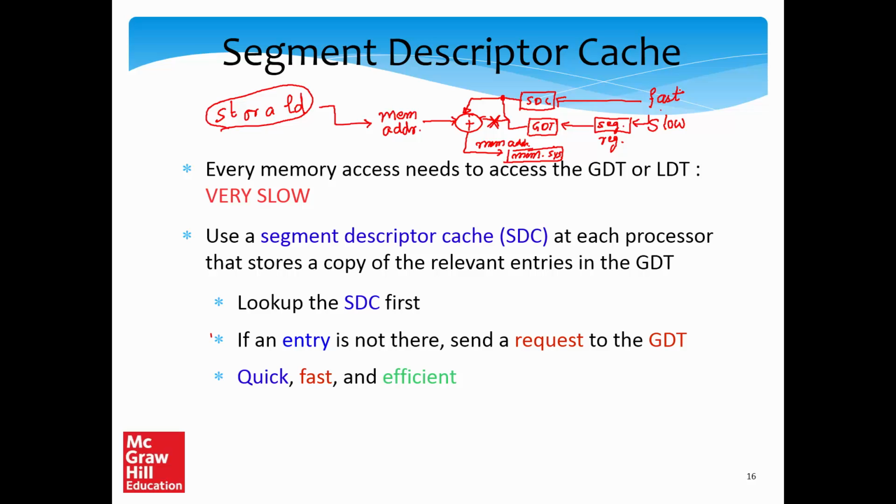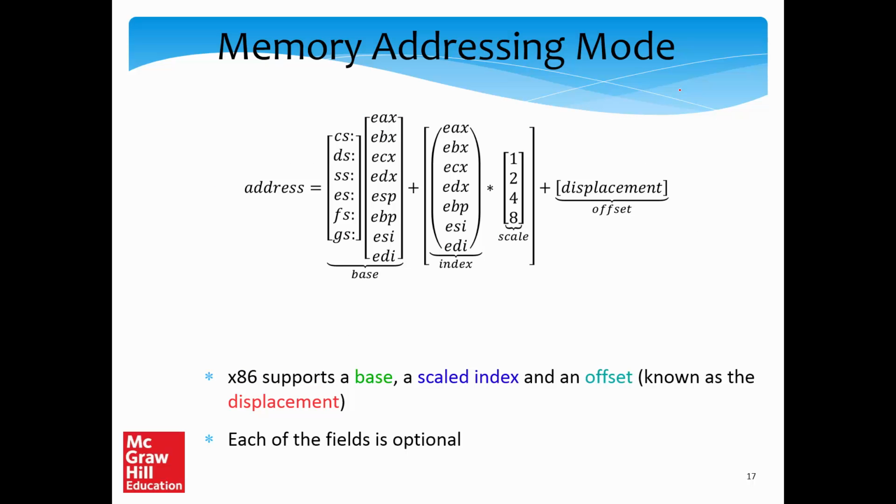This fact all gets hidden with modern hardware, and we'll discuss how in chapter 9. But the important point is that with a segment descriptor cache, things become really fast. You don't have to access the GDT for every single memory access.